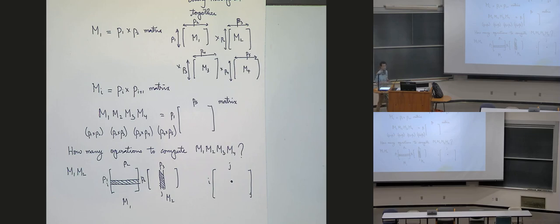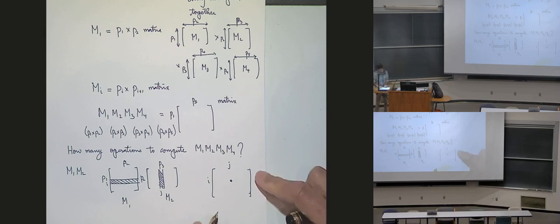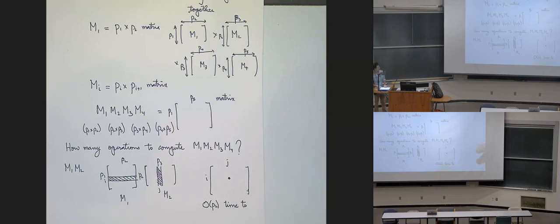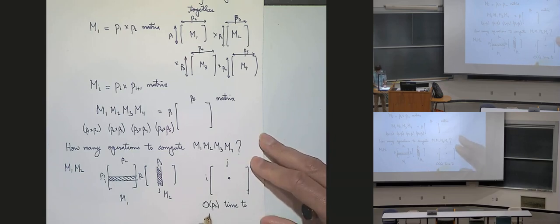So how long would it be to compute that dot product? It was simple. Just run a for loop, how much would it take? P2. It takes O of P2, right? Because there are P2 entries, so it's O of P2 time to compute the ijth entry of the product.